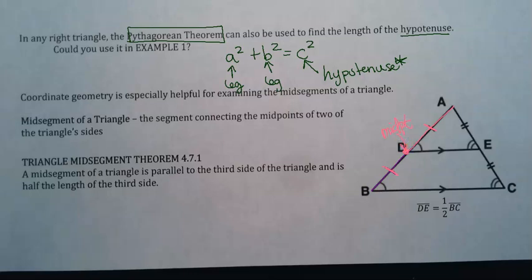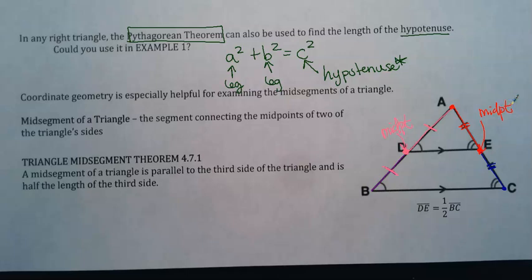Then we have a similar thing going on over here, right? We have two hash marks here that say, okay, well, from E to C is congruent, because it has two marks, to E to A. Well, if that's the case, this point here at E is a midpoint.